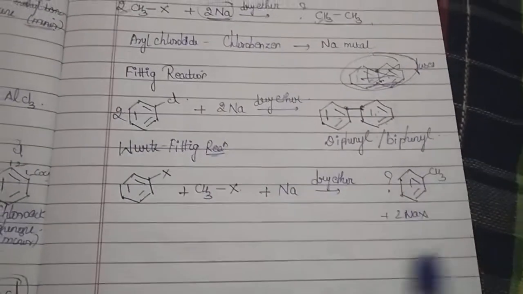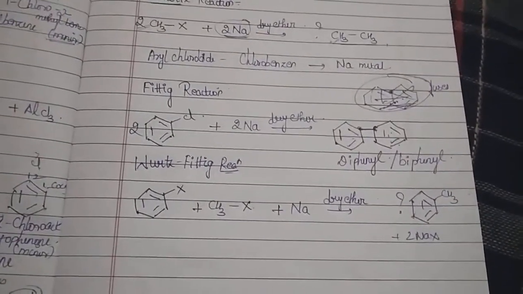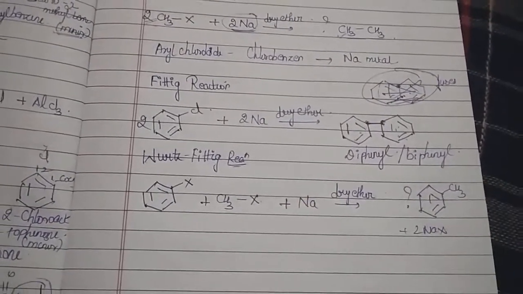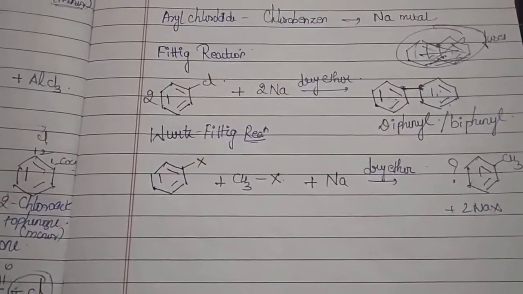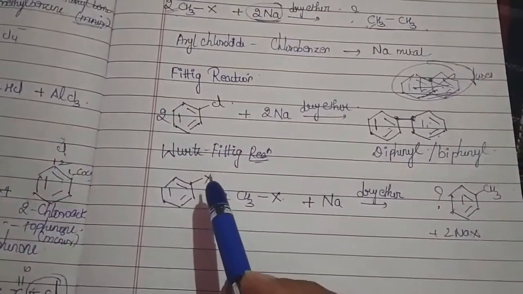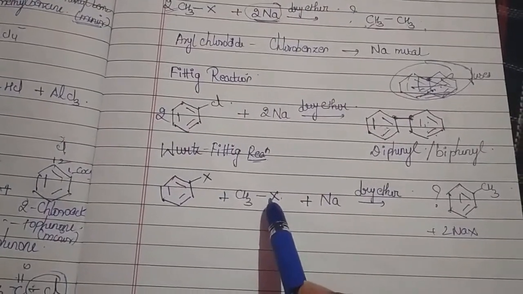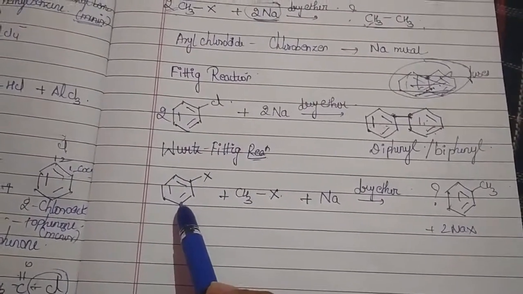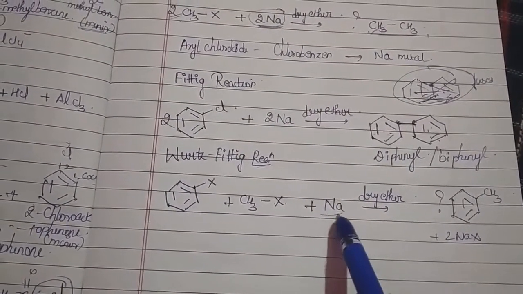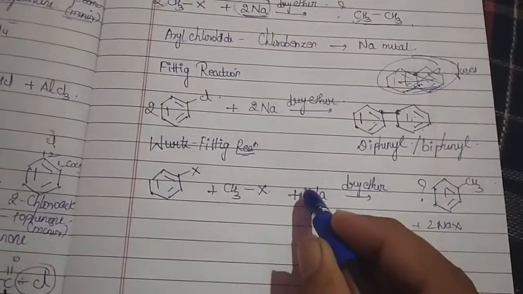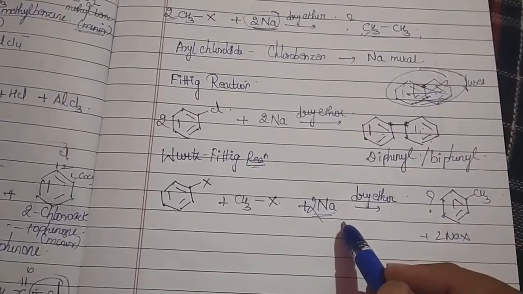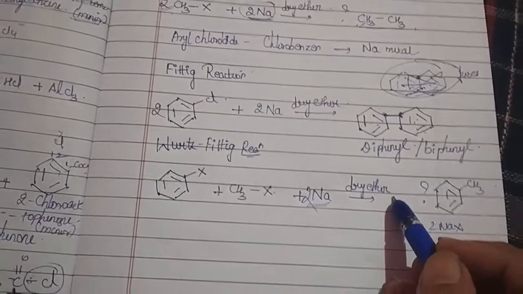So this is called my Wurtz-Fittig reaction. So how can we write what is Wurtz-Fittig reaction? When a mixture of alkyl halide and an aryl halide are treated in the presence of sodium metal, this should be 2 moles of sodium metal, in a dry ether, it gives me what?